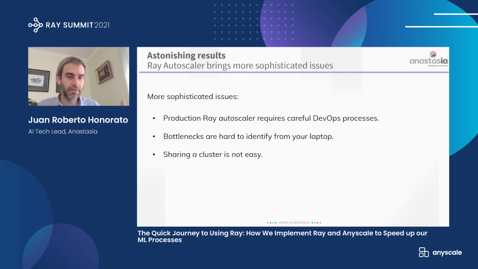After starting to use the Ray Autoscaler, we came to see more sophisticated issues than before. So, for example, the production use of the Ray Autoscaler requires careful DevOps processes that were managed by the AWS service before. Also, the bottlenecks start to be harder to identify when running from your laptop, because one of Ray's strengths is that the same code can be run on your laptop and then on the cluster.